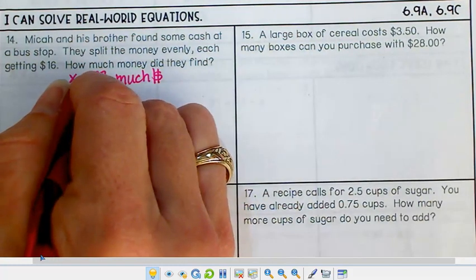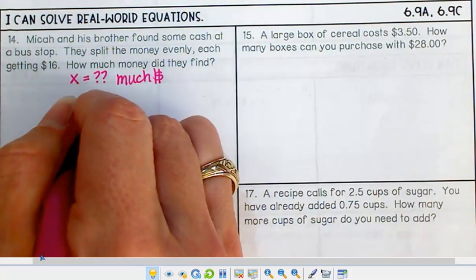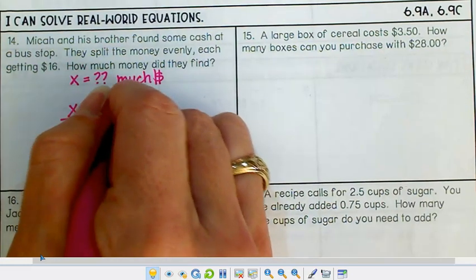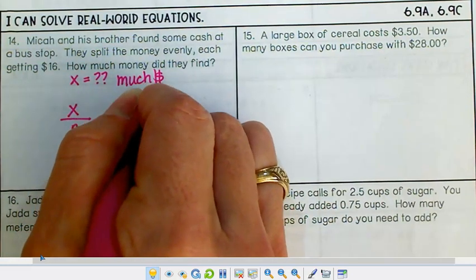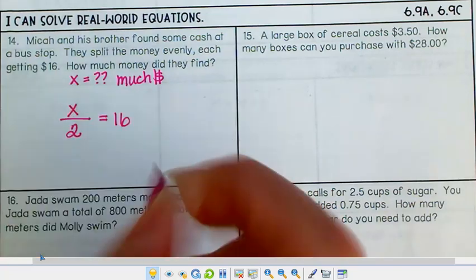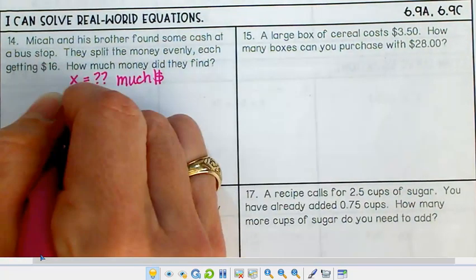You know that whatever money they got, they split it between themselves, and there were two of them, and they wound up getting $16 when they split that money. So what you can do is say, all right, I know whatever they got divided by 2 was 16.